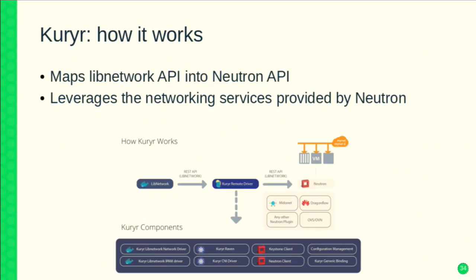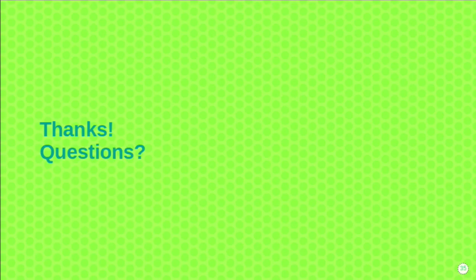Another very important thing is that with Kuryr, you don't lose all the networking services that are provided by Neutron. You could also use a load balancer, firewall, and all the stuff that we already have in Neutron. You can use it in the container world. And that was my last slide.